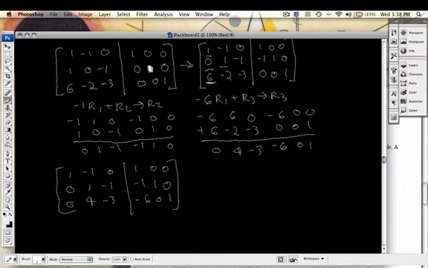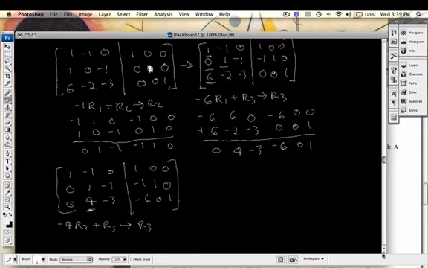Now our row 3 has this 4 in it, which we want to make a 0. So we're going to take that off by the row operation -4 times row 2 plus row 3, and that'll be the new row 3.